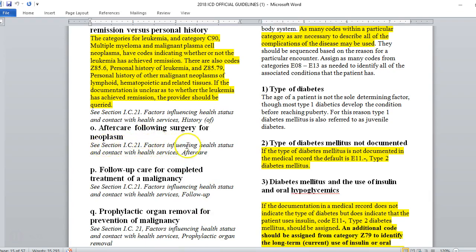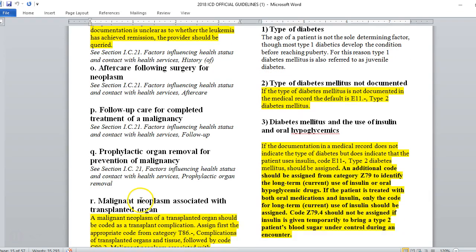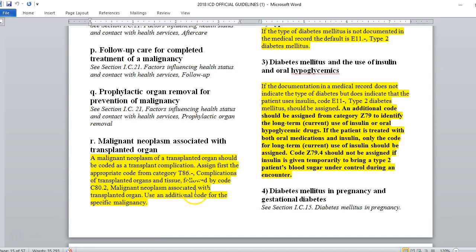So you can see we're going to have other guidelines that we're going to see at a later date for this. But we have one last guideline, and this has happened before, and so this is why we have a guideline for it. A malignant neoplasm of a transplanted organ should be coded as a transplant complication. Assign first the appropriate code from category T86, complications of transplanted organs and tissues, followed by a code C80.2, malignant neoplasm associated with transplanted organs, and use an additional code for the specific malignancy.